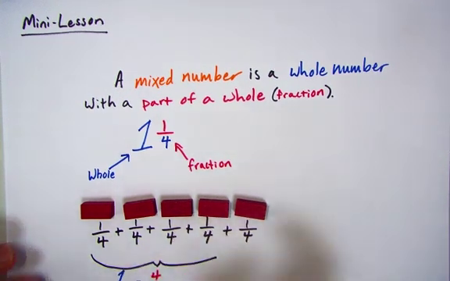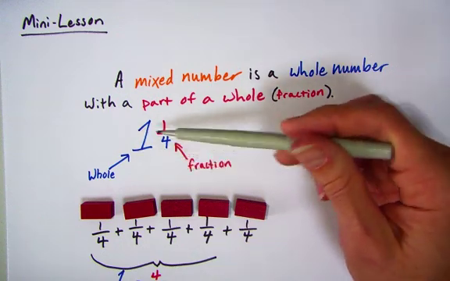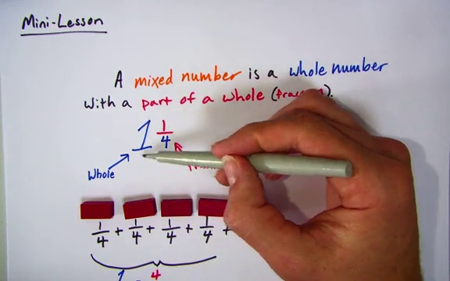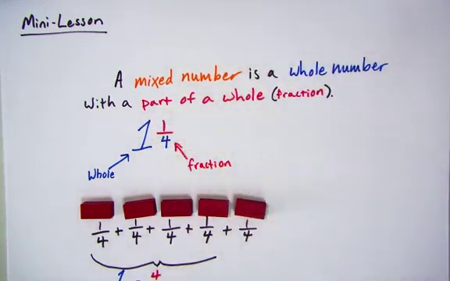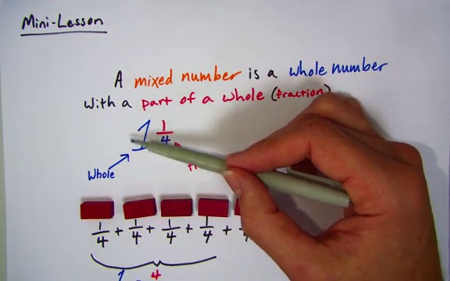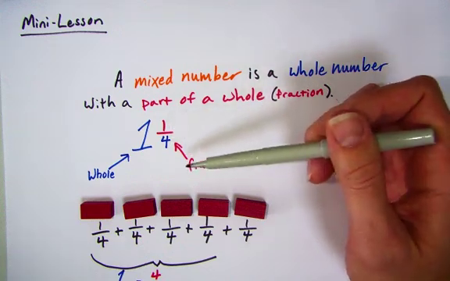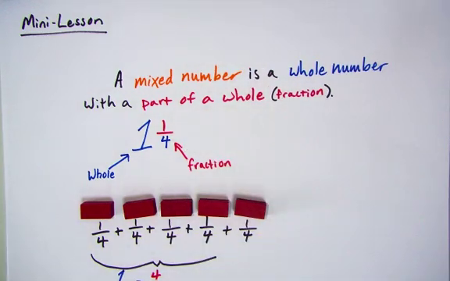And actually, that's what we have right here. This amount of candy bars is represented by this mixed number. Now you're probably wondering, how can I have a different whole number here? Can I have a different kind of fraction here? Yes, you can. Let's actually keep going.